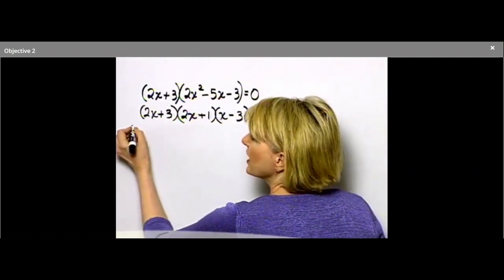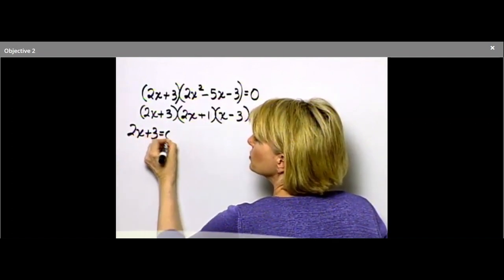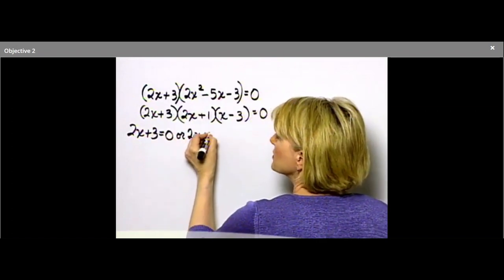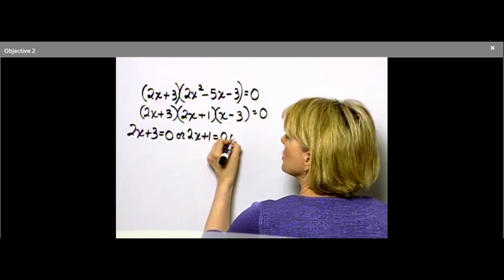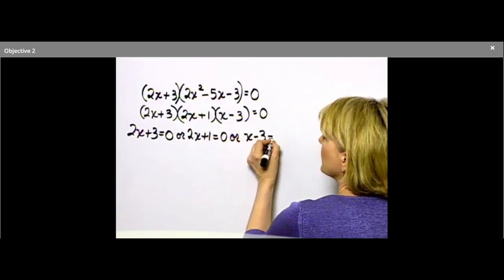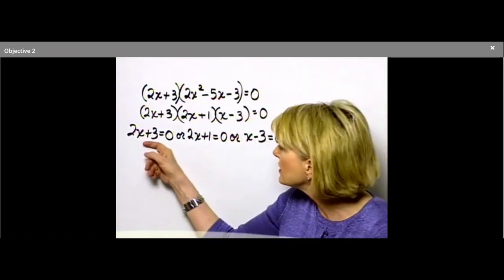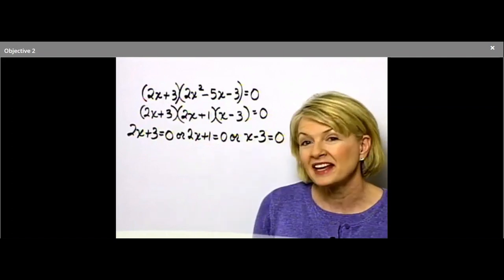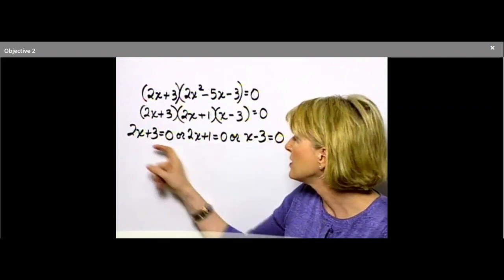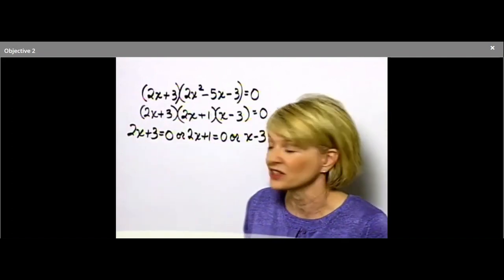So I'll set this factor, 2x plus 3, equal to 0, or this factor, 2x plus 1, equal to 0, or last factor, x minus 3, equal to 0. And we solve each of these equations. So how many answers or solutions might I get this time? 1, 2, 3, as long as they're distinct solutions.